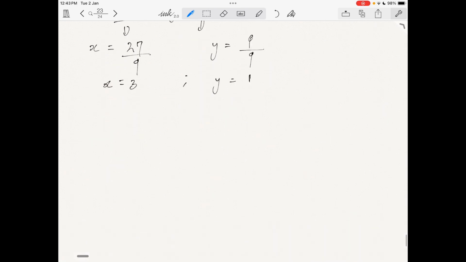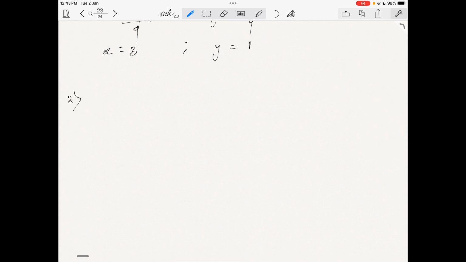Now what if we have three equations? Take for instance, we have 3x plus 2y minus z is equal to 2, 2x minus y minus 3z is equal to 13, x plus 3y minus 2z is equal to 1.